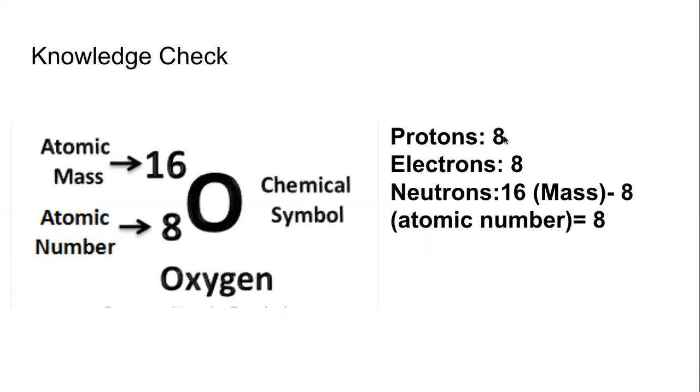So oxygen has 8 protons, and because the atom is neutral, the positives and the negatives need to be the same. So there are 8 electrons in this atom as well. We want to figure out how many neutrons. So again, we're going to take the atomic mass and subtract it from the atomic number. So 16 minus 8 is 8. So in oxygen, there are 8 protons, 8 neutrons, and 8 electrons.